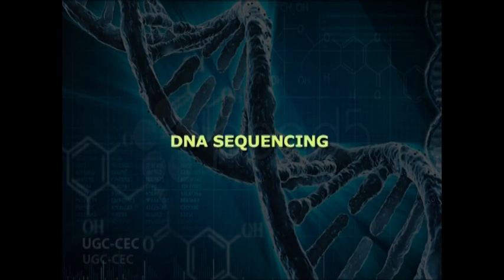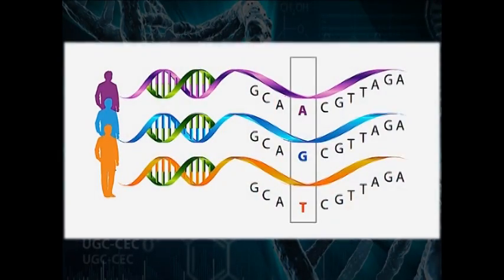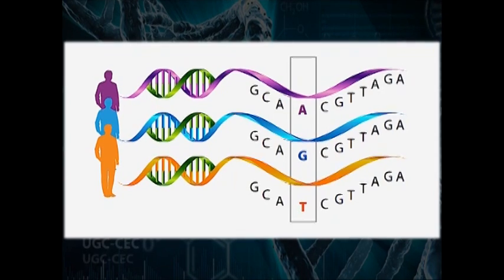Moving on to DNA sequencing. DNA sequencing, first devised in 1975, has become a powerful technique in molecular biology which allows one to determine the exact sequence of nucleotides or bases on the DNA that make up the genetic code.